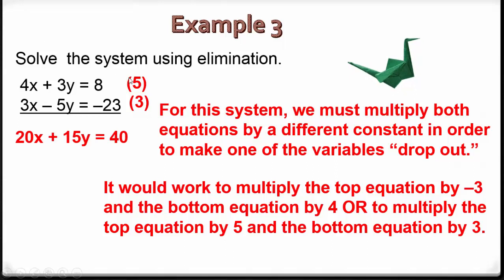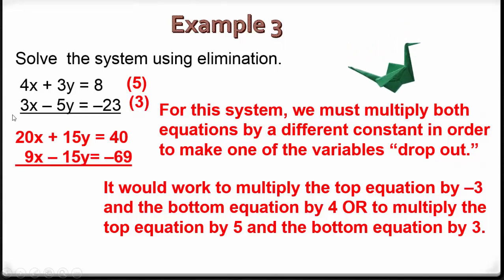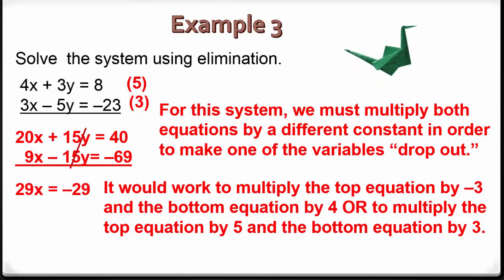And I get the top. Remember, when I multiply by 5, I have to multiply through by everything. And similarly, for the bottom one with 3, I have to multiply through by 3 by everything. Now I can eliminate the positive 15y and the negative 15y, and I'm just left with everything in terms of x. So I find that x is equal to negative 1.